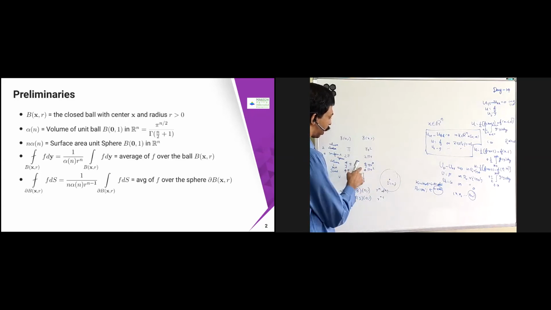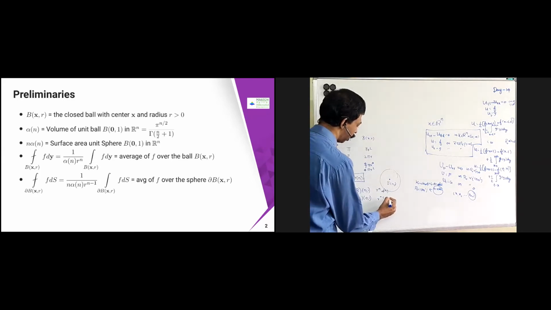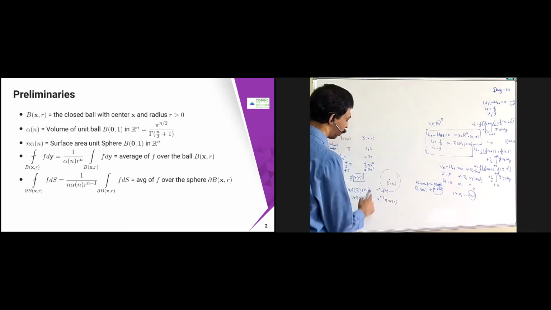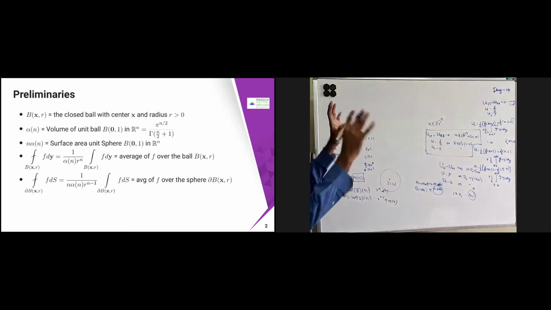For example, you can see the relations here. If I multiply 2 here, then I get 2 pi r. Similarly, if I multiply by 3 pi r, then I get 4 pi r square. So the same thing comes: n into alpha n into r power n minus 1 is nothing but the surface area of the ball.